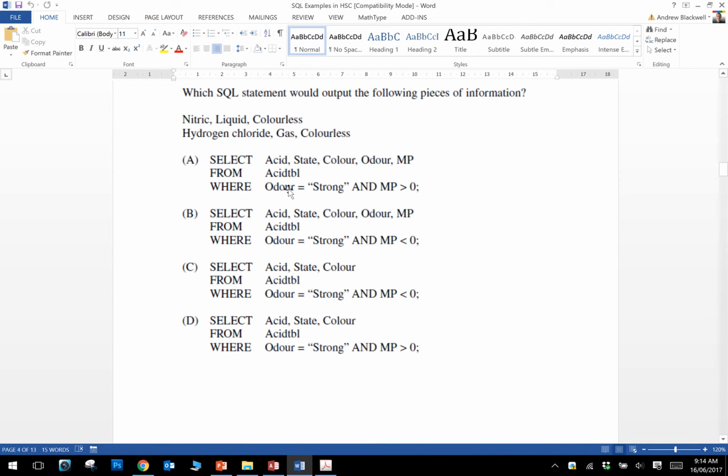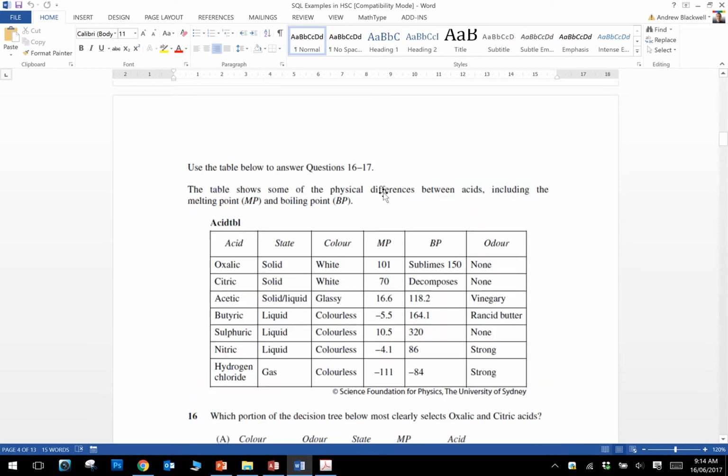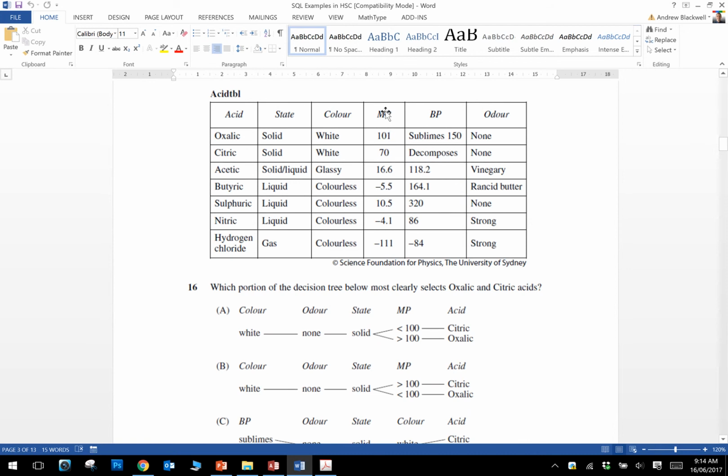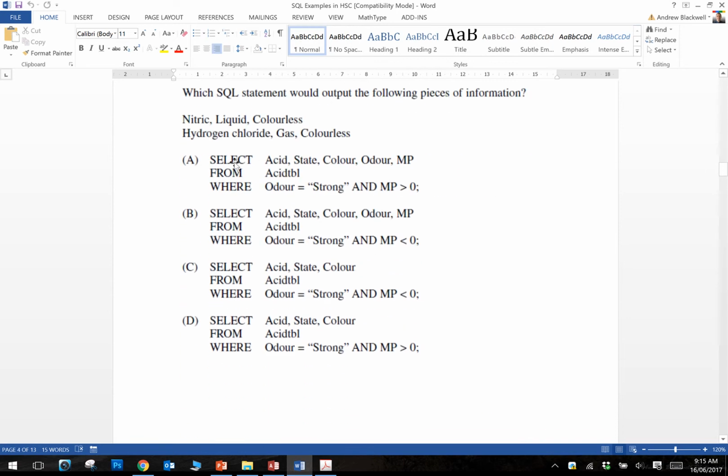So odor, which is a field, has to equal strong, and it also has to be greater than 0, the MP, so whatever the MP is. It's probably not a politician, it's probably a scientific term, and hey, I'm not a scientist, so I don't need to know that. But what I do need to know is to sit down here and work out what this will give me if I do that correctly, and these are the ones that are chosen.